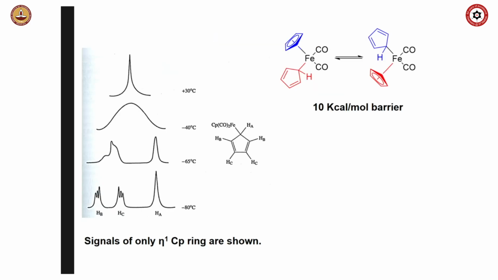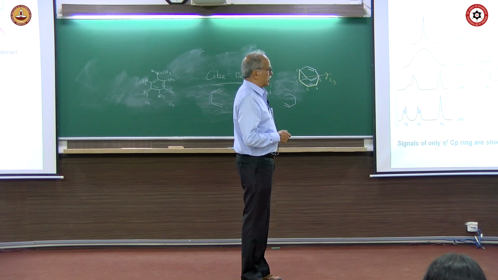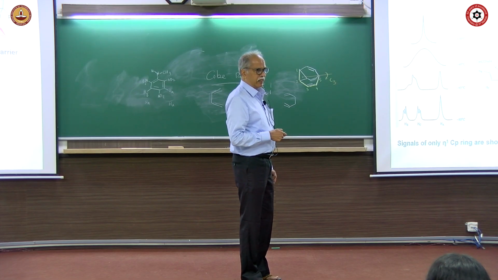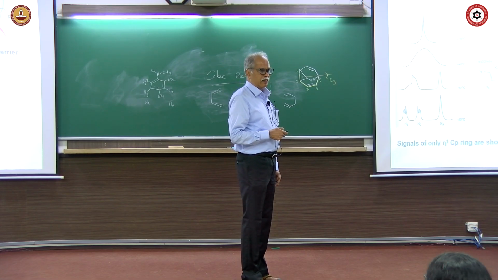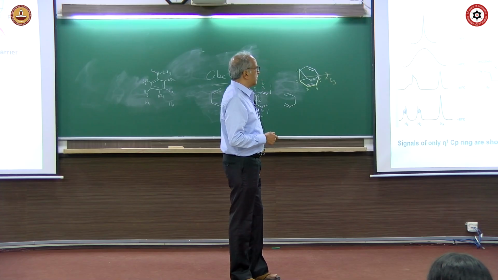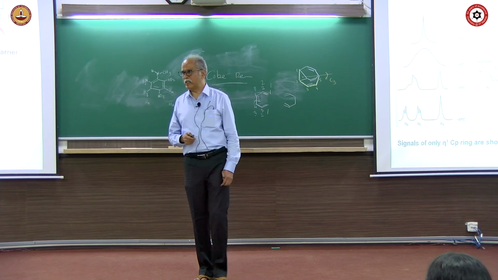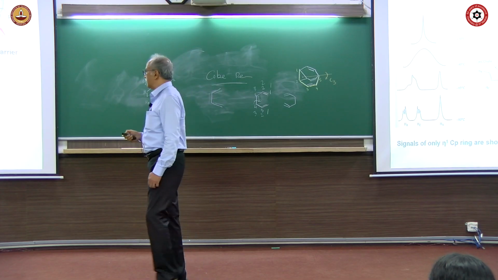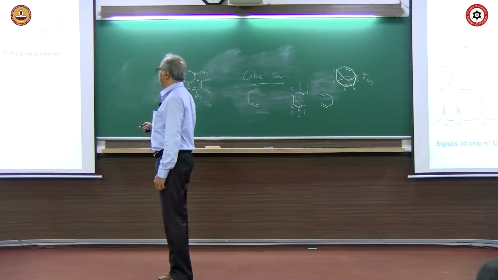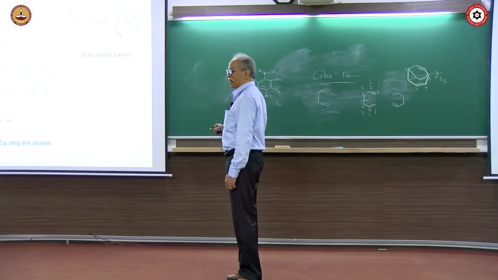In this case, the spectrum goes from an eta 1 to eta 5, and vice versa, eta 5 to eta 1. You know what is eta 5, eta 1 and so on, organometallic. Hapticity. Yeah. The hapticity here is 5, hapticity here is 1, right?